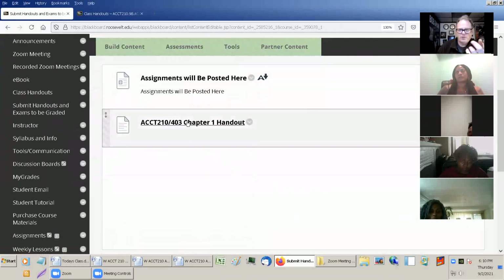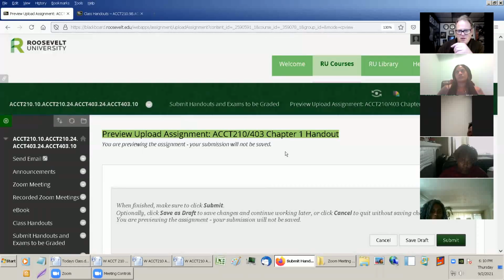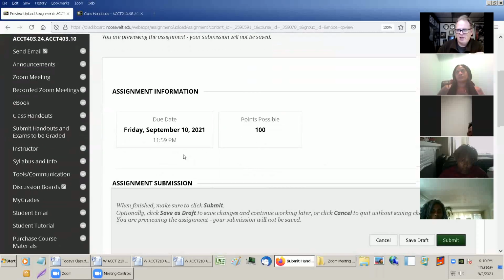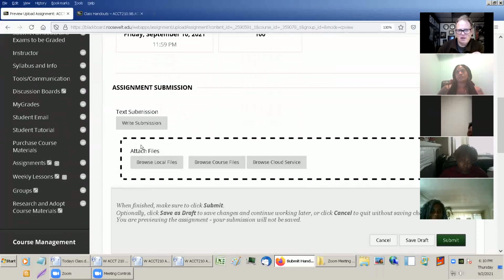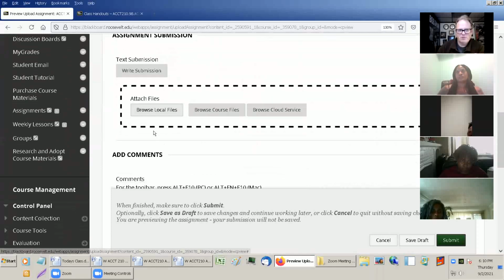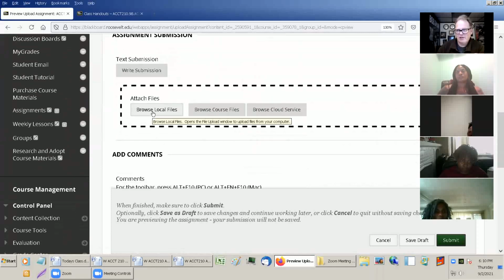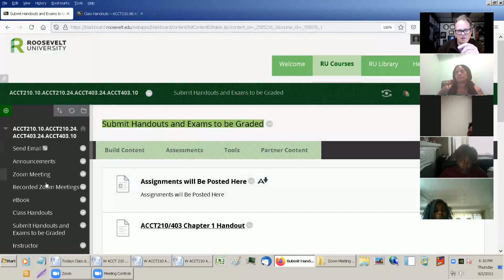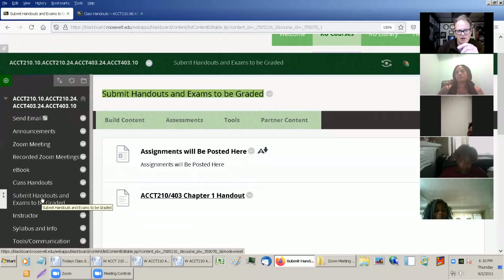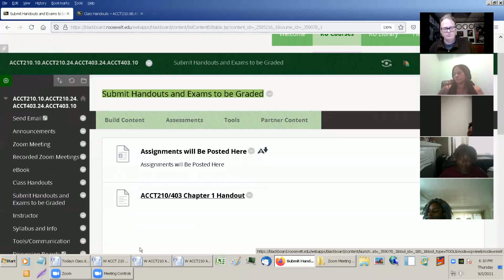So when we finish the chapter 1 handout, you're going to click on this and it'll tell you the due date. You can write the submission, but more likely you're going to attach a file and submit it, and that's it. So you submit stuff in the submit handouts and exams area to be graded.